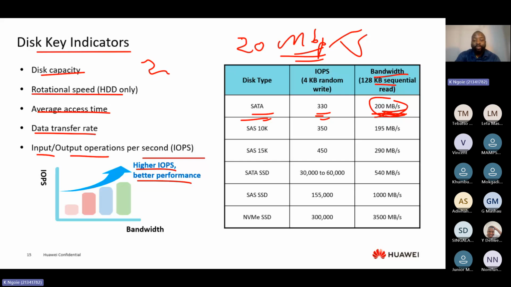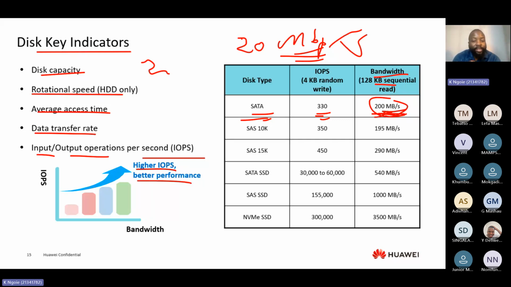All right. And then the third indicator to look at is the average access time. So when you think of the average access time, it is how much time it takes to locate, read, or write data on the disk. You understand?